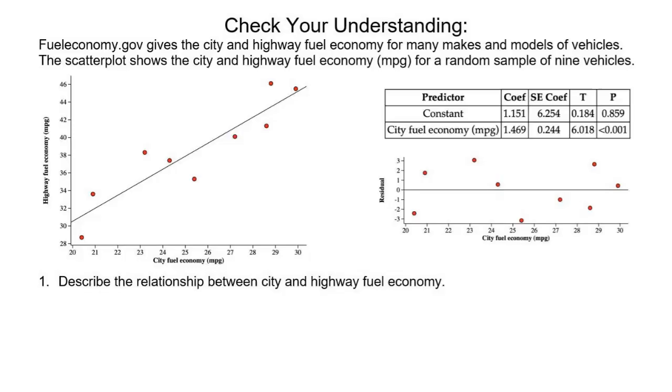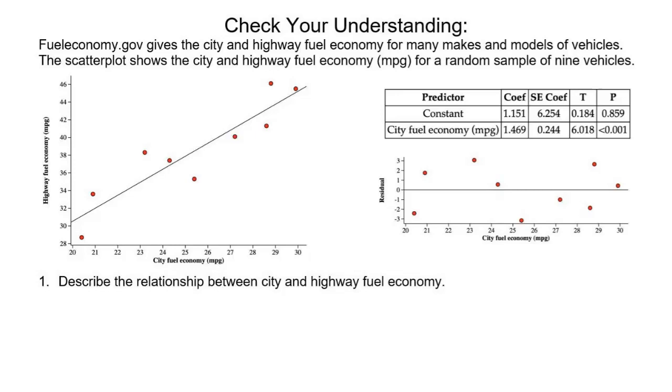How would you describe the direction of this? Positive. Are there any unusual features or unusual points that stand out to you? Not really. F, form. Looks linear to me. Even if you take that line out of the background, all these points are kind of lining up. And what about strength?